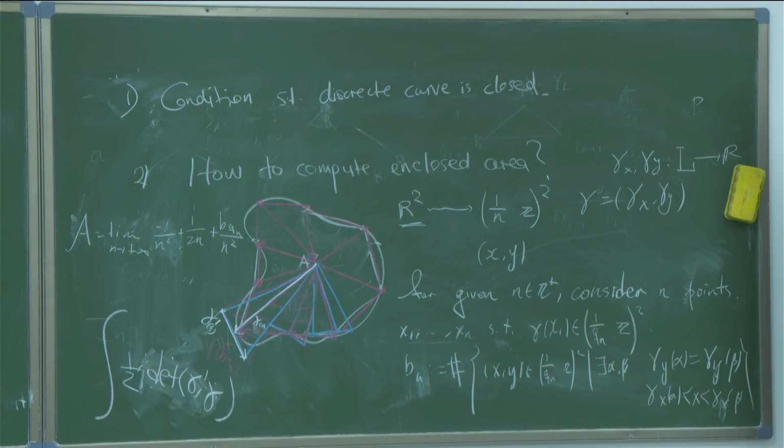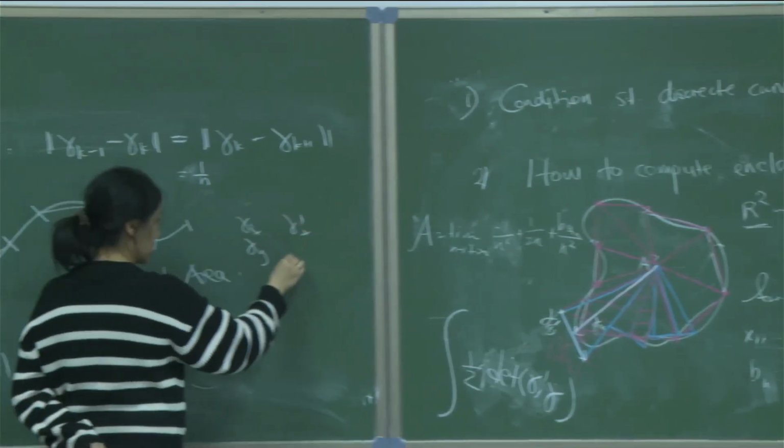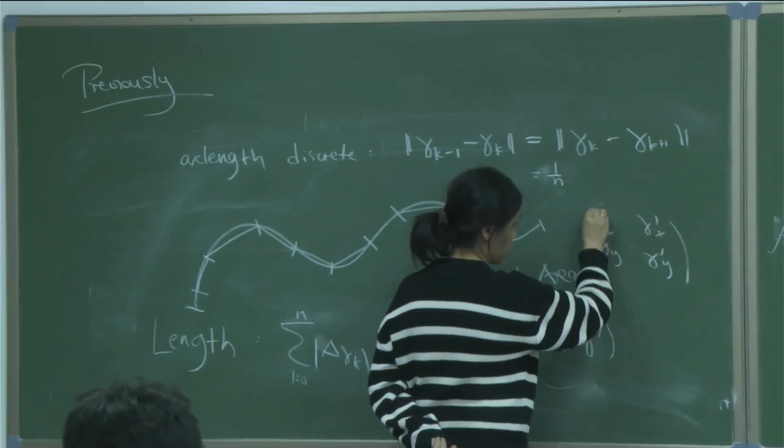So the formula is just a half determinant of gamma and gamma prime over the curve. And if you compute it, it's gamma x, gamma y, with gamma prime x, gamma prime y.